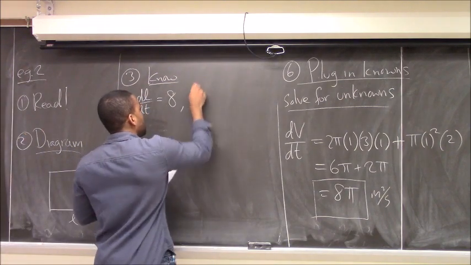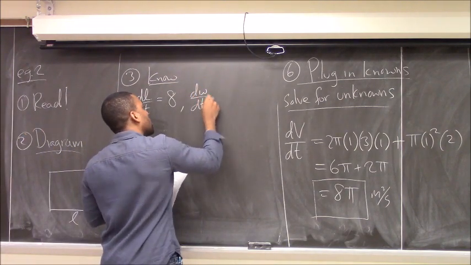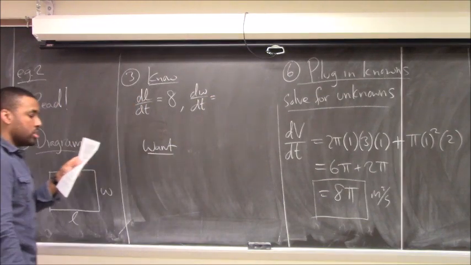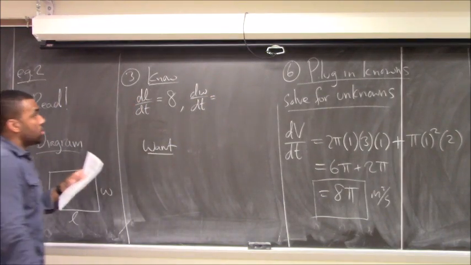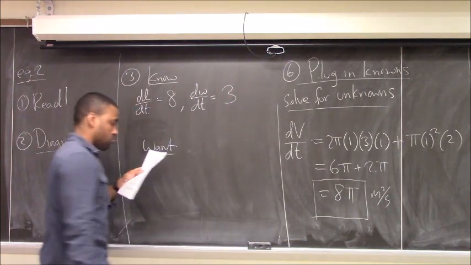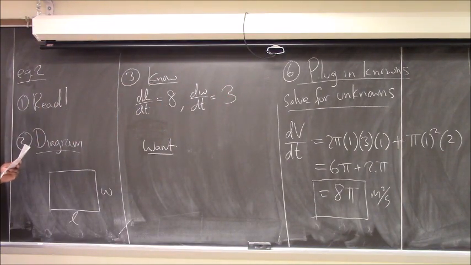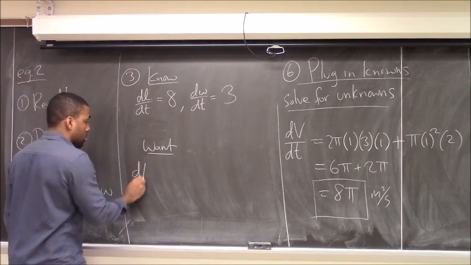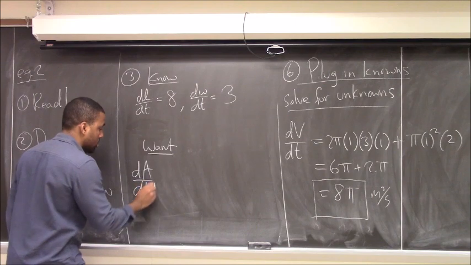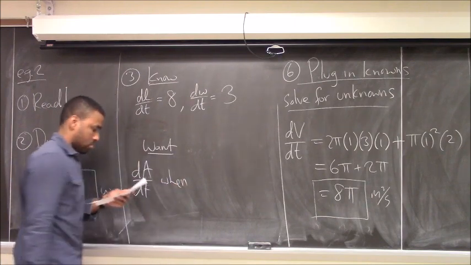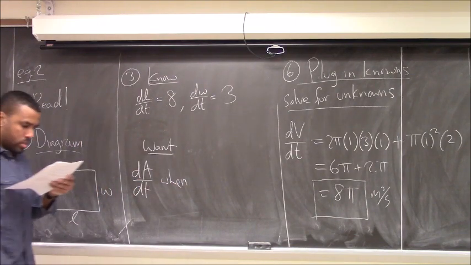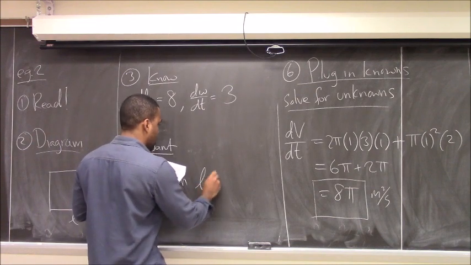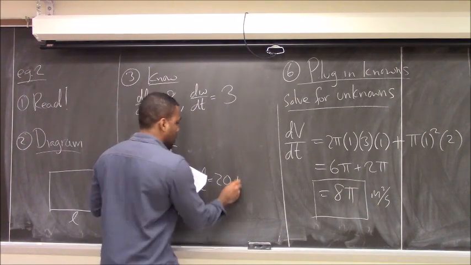We also know dW dt. dW dt is what? 3 centimeters per second. Okay, what do we want to find? Area. dA dt. How fast is the area changing when, under what conditions? When length is 20, when L is 20, and W is 10.